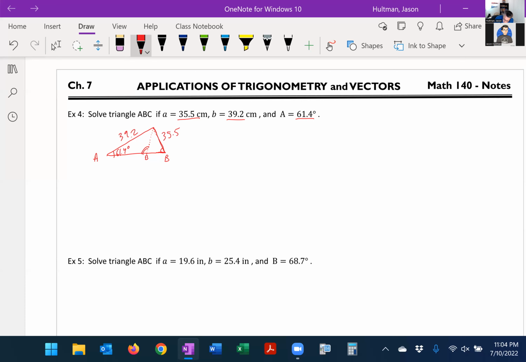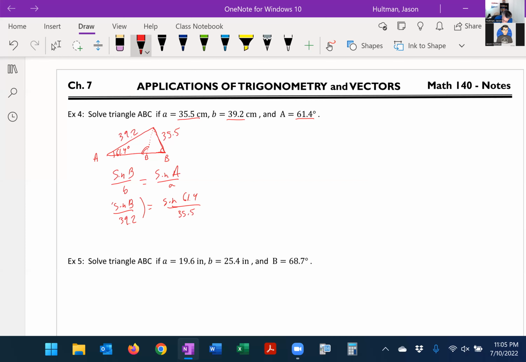So we can go sine B over b is equal to sine C over c, or sorry, sine A over a. And so sine B over b, what was b? 39.2, is equal to sine of A, 61.4, all over the a, which is 35.5.